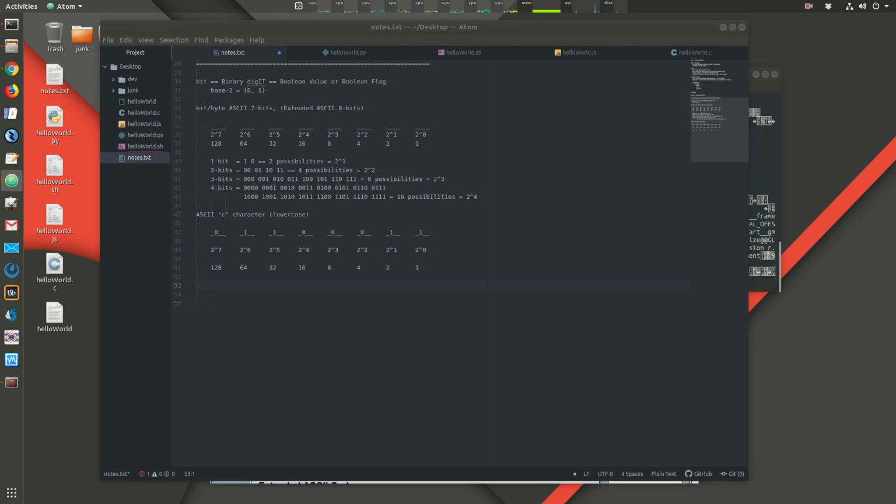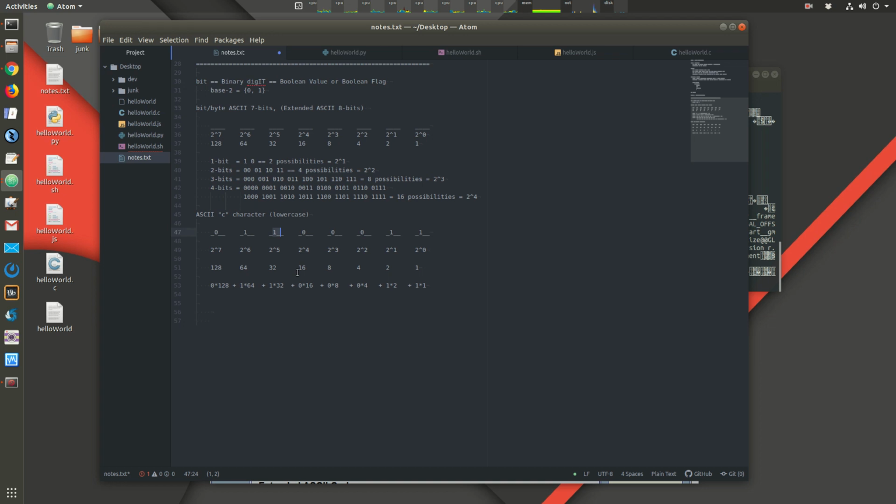So let's see what this binary number actually turns out to be. Okay. So we have a 0 in this position. This is the 128th place. So it's 0 times 128, and then we add to that the value of this place. We have a 1 in the 64th place, so that's 1 times 64. We have a 1 in the 32nd place, that's 1 times 32.